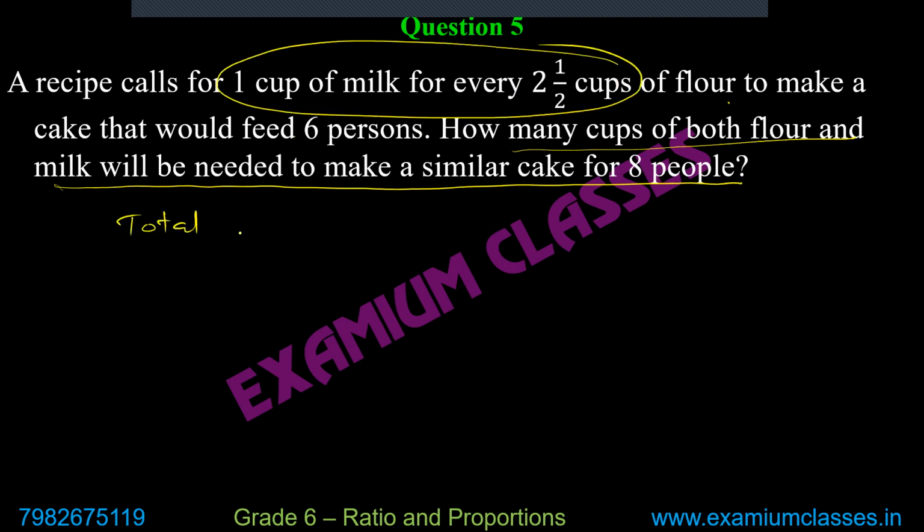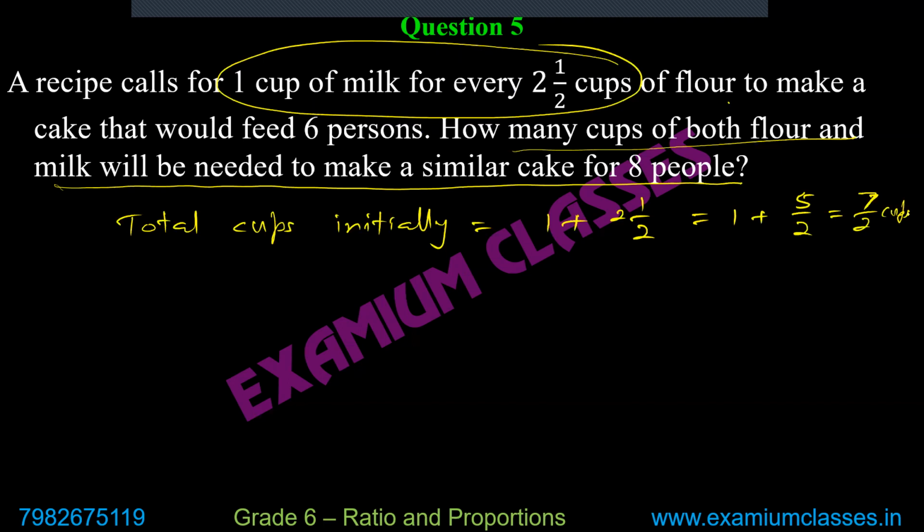Total cups. Okay. Initially, we have 1 plus 2.5. It means 1 plus 5 by 2. That is 2 ones are 2 plus 5, 7 by 2 cups.